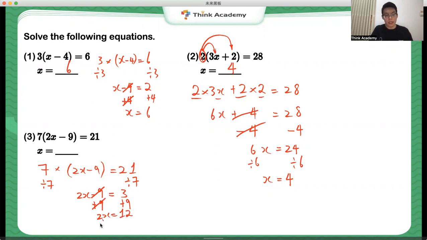And finally, divide 2 from both sides to get the answer, because I don't want the extra 2 here. I don't want 2x, I just want x. And I know x is half of 2x, so I just half both sides to make the equation stand. So x is therefore equal to 6.